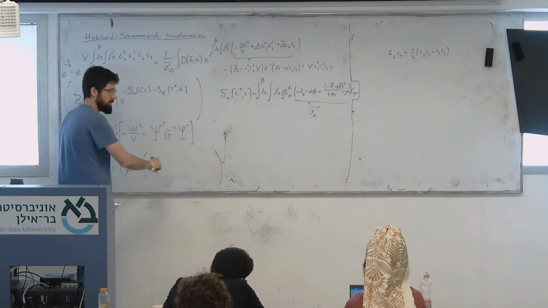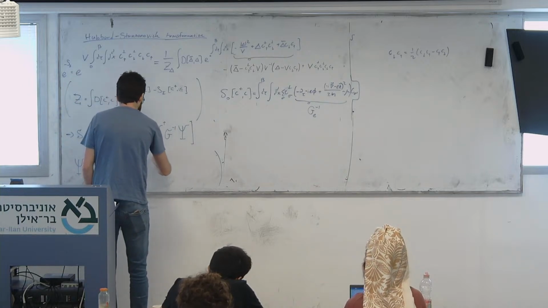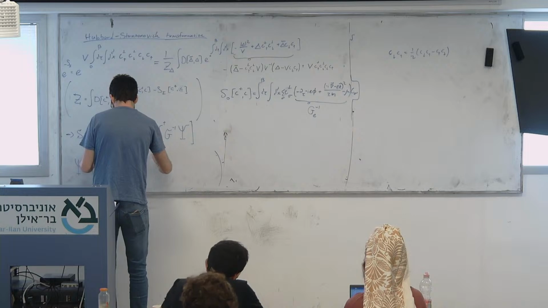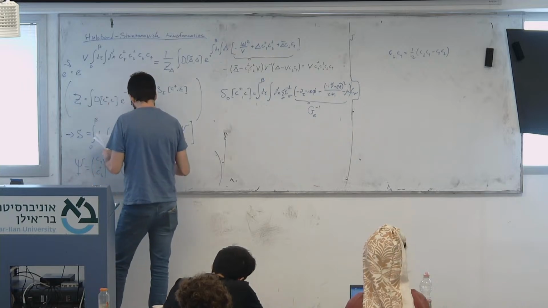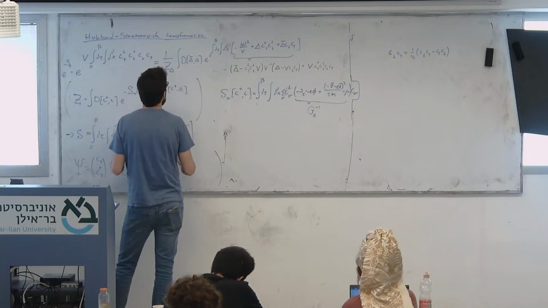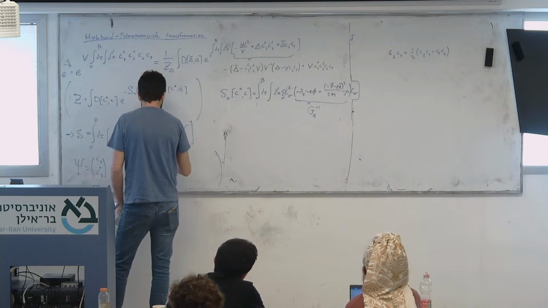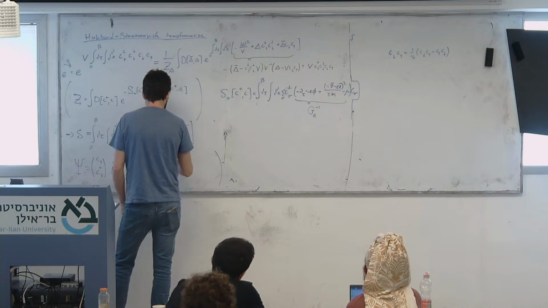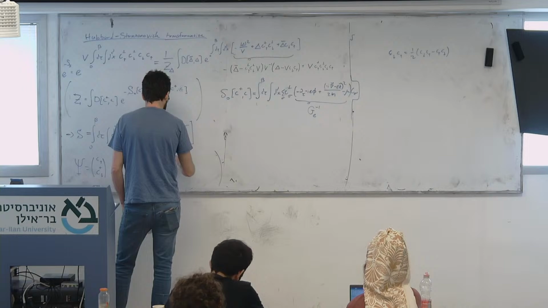So this G0 to the minus 1 is going to be: we're going to have d tau, minus d tau, minus I grad minus EA squared divided by 2m, minus mu.